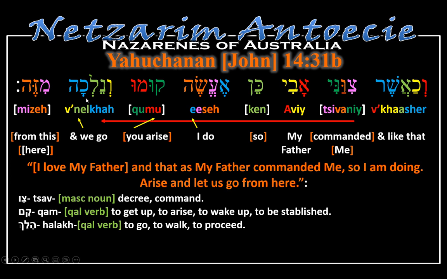And we go. And it's mi ze, literally from this. Translated generally as from here. I love my Father, and that as my Father commanded me, so I am doing. Arise and let us go from here. So I've also given you sav as a decree, a command, if it's a noun.